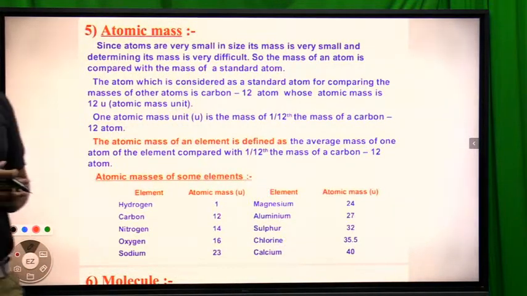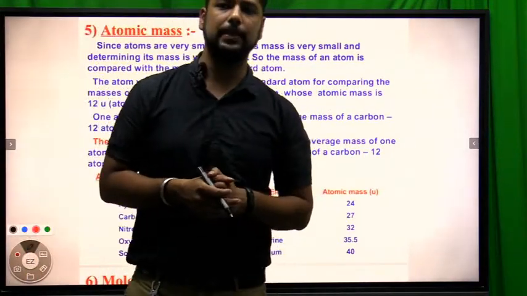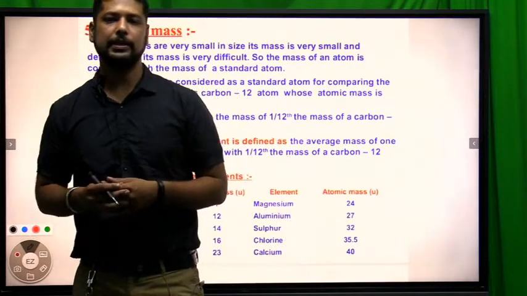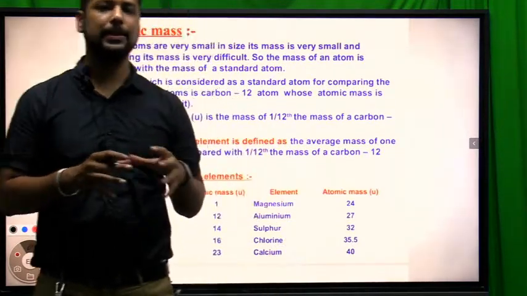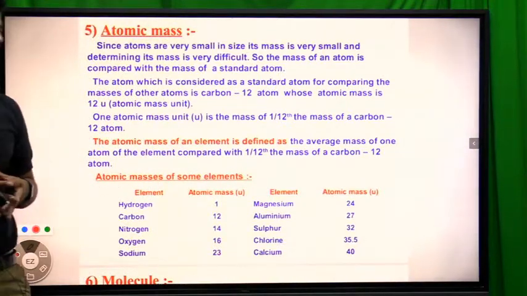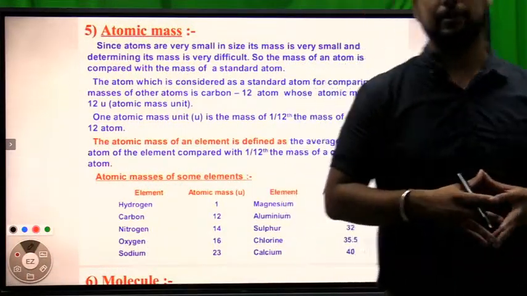Now what should be the mass of an atom? An atom is so small that we cannot measure the mass of an atom. So what scientists have done is they have taken an element, and on the basis of that element they have defined all the masses of atoms. Suppose I give you an example with a watermelon.